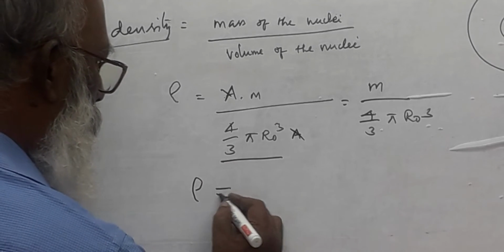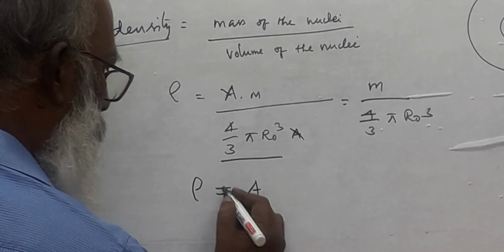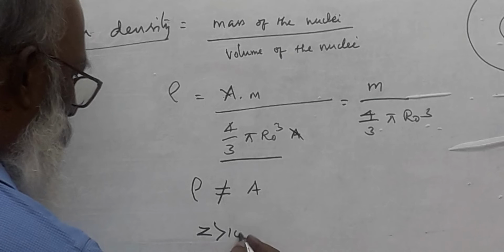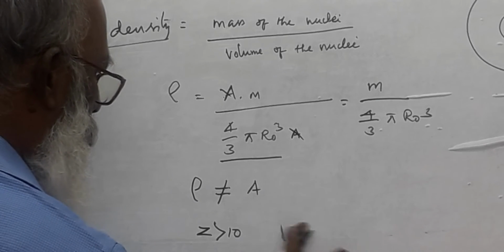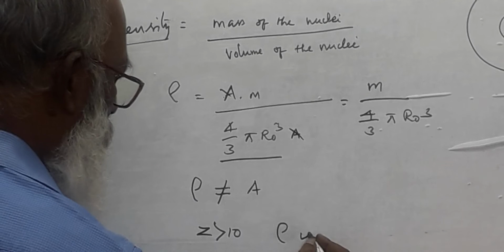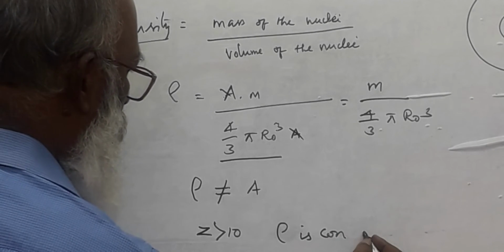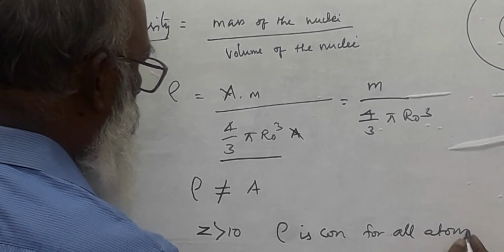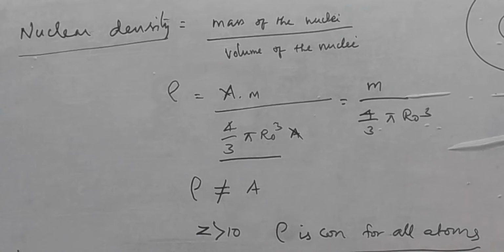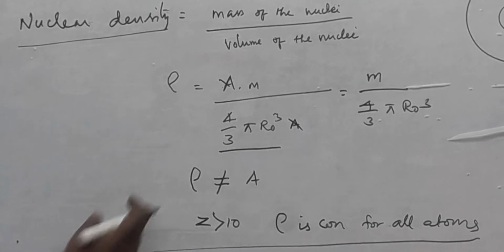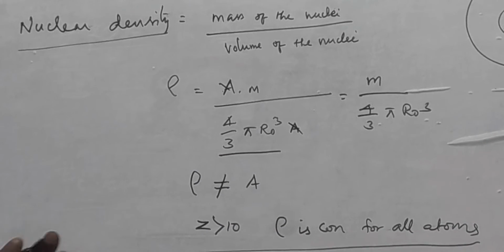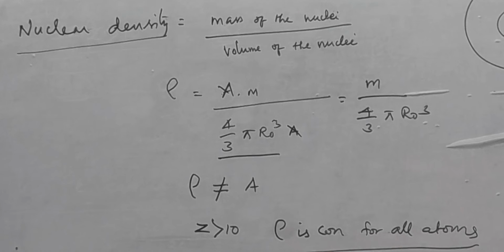Rho is not dependent on A. That's why when Z is greater than 10, rho is constant for all atoms. The nuclear density is constant for all atoms. There is no change in the nuclear density. That is a very, very important concept that you must be clear about.